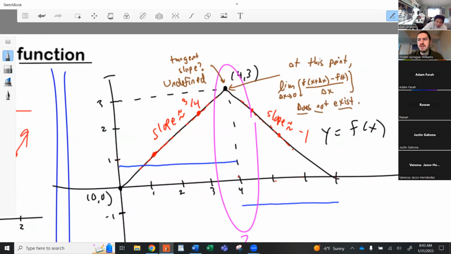The reason is because if you try to take the limit as delta x approaches 0 from the left, you would get that slope. Let me do it in bright pink or something. You get that slope from the left side. But then if you took the limit as delta x approaches 0 from the right side, you would get that slope. And those two slopes aren't equal to each other.